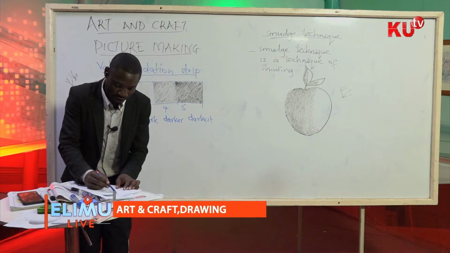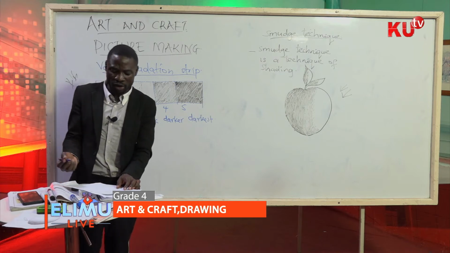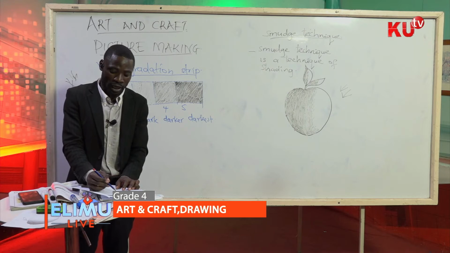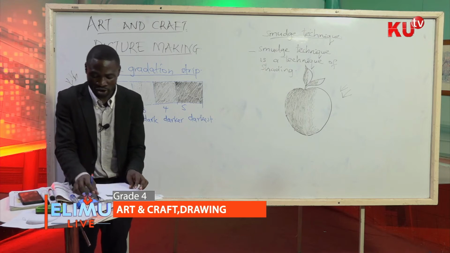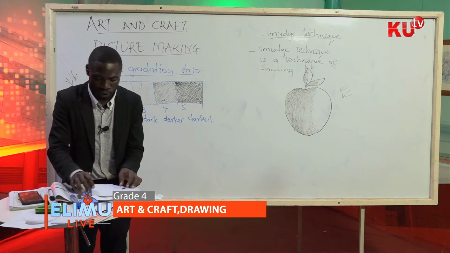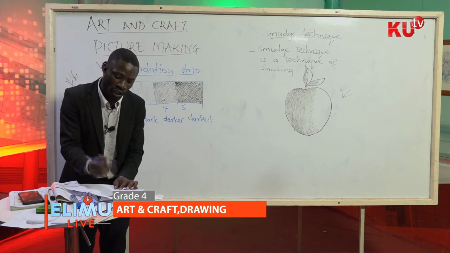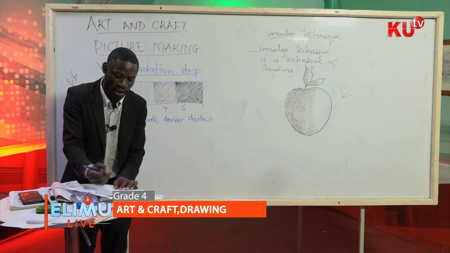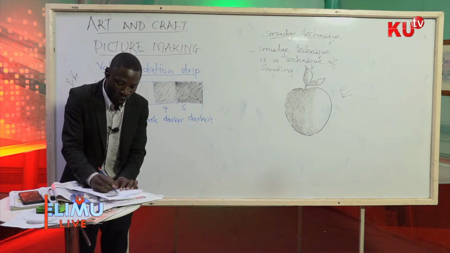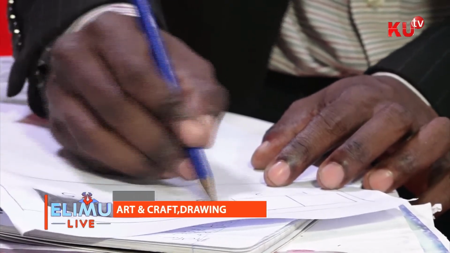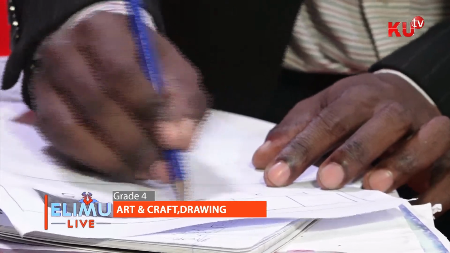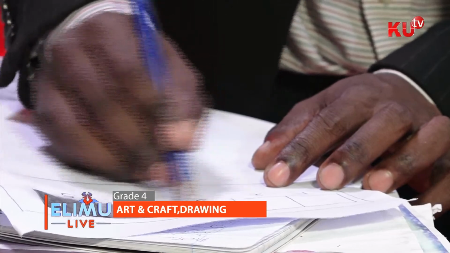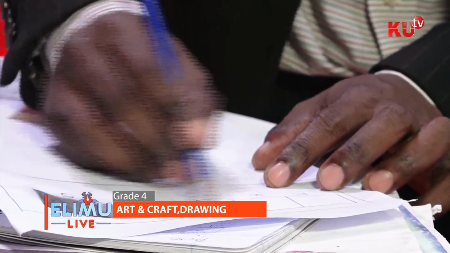We are shading again, but this time we are not going to press hard. We are going to hold the pencil loosely so that it appears lighter than the fourth one.